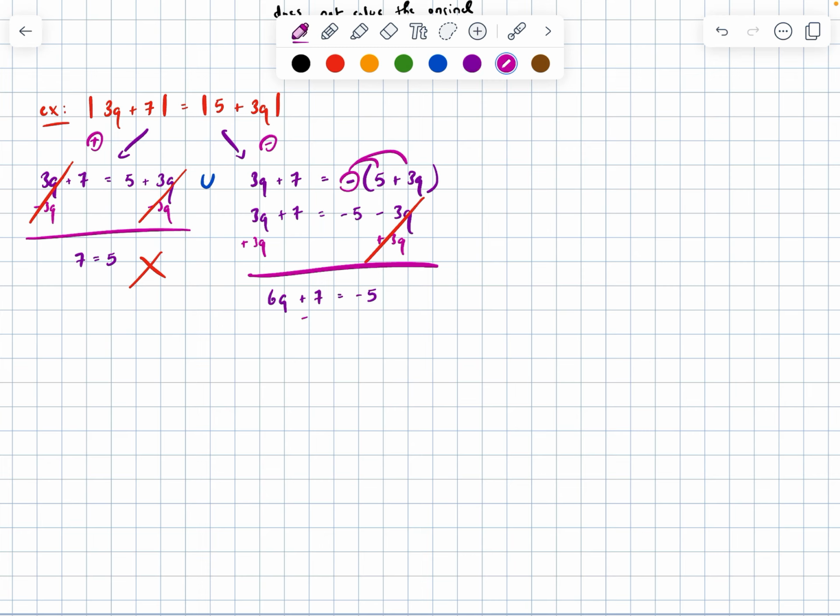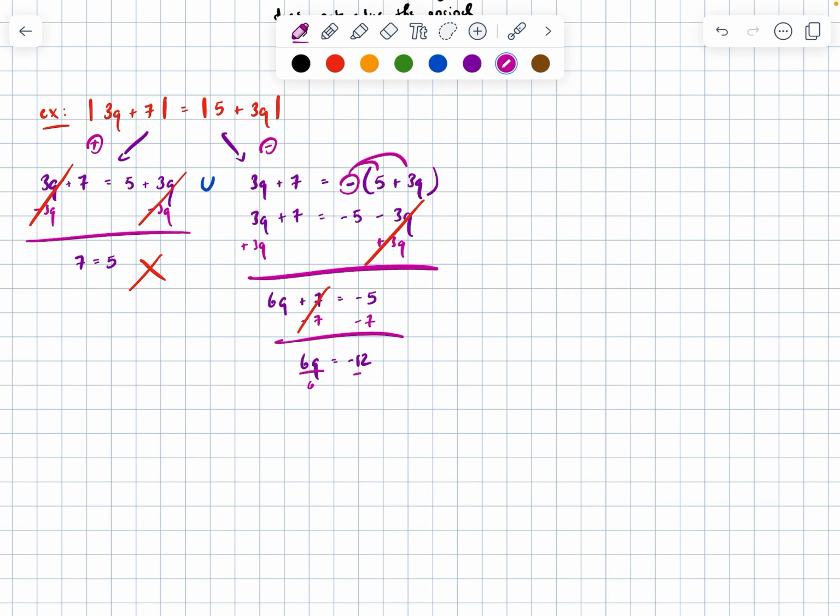It undoes it on the right, and on the left, I've got 6q plus 7 equals negative 5. Now I'm in familiar territory. Want to get q by itself? Let's start by subtracting 7 from both sides. 6q is equal to negative 12. Divide both sides by 6, and we'll find that q is equal to negative 2.